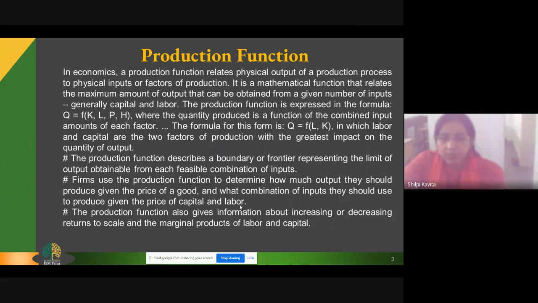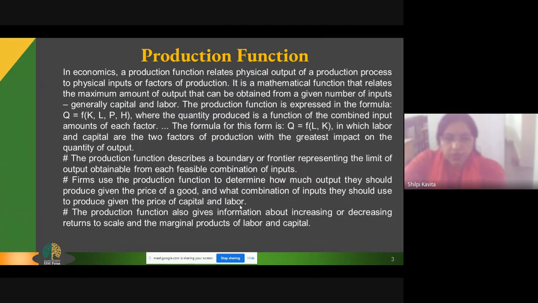But to see the behavioral change in the input and output, we take only capital and labor into consideration. Q, which stands for output, is a function of capital, labor, raw material, plant and machinery. In a nutshell, land, labor, capital, and entrepreneur.